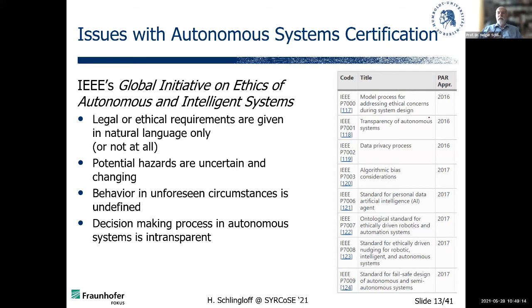And so it has, for example, a standard for ethically driven nudging for robotic, intelligent, and autonomous systems. However, what we see is that in these systems, potential hazards are uncertain and changing, and it is not really clear how to go about it. And the decision-making process in autonomous systems generally is intransparent.